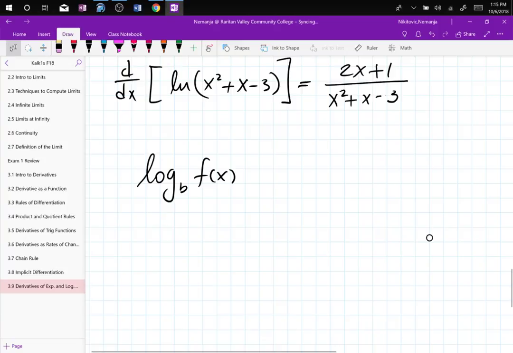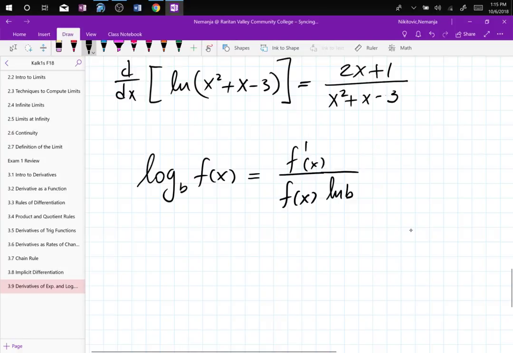Now I say log base b of f of x. So this is the most general case you can get. And the derivative of that is the same piece, f prime over f, and then there is ln b in the denominator.